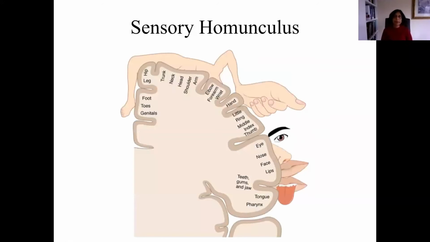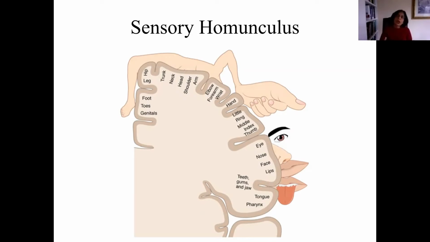Okay, this is our sensory homunculus. Very similar idea. Here you're talking about sensory receptors that are present in a particular part of the body. Okay, fingertips and the tongue and the lips, and then the eyeball and roof of the nasal cavity where you have olfactory receptors.